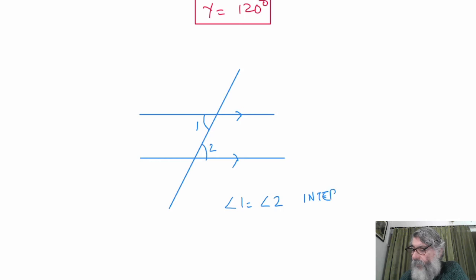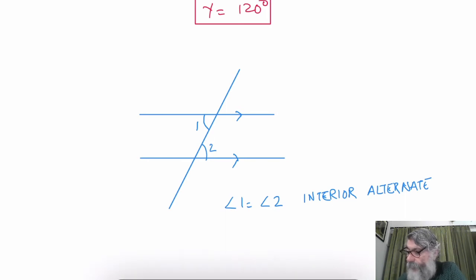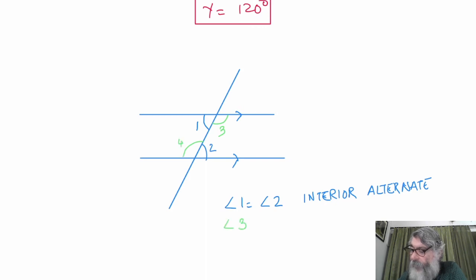These are interior alternate angles. Let me take another color. If I say this is 3, this is 4, then angle 3 is equal to angle 4.